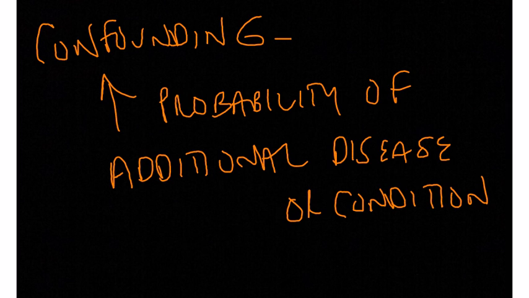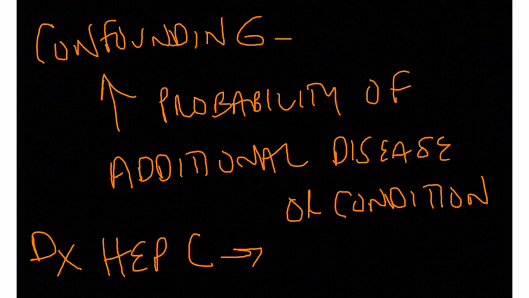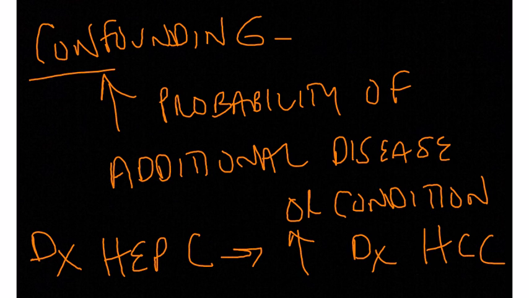So in this case, a patient diagnosed, represented by DX, with hepatitis C is at increased risk of being diagnosed with hepatocellular carcinoma. That's what confounding means. The presence of one disease or condition increases the odds of developing a second one. Hepatitis C increases the risk of developing hepatocellular carcinoma.